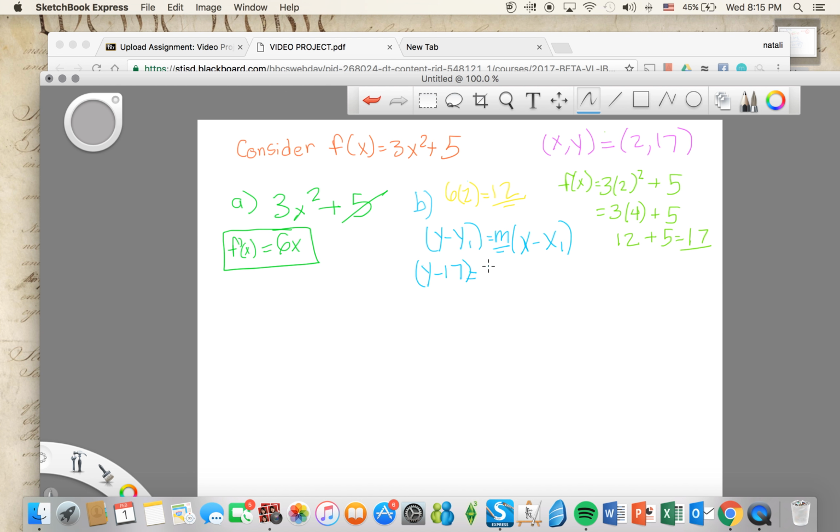So we know that it's 12 now. And that's a different color, but we know it's 12 now. So x minus x1, and our x1 was 2. We're going to go ahead and spread that out. So 12 times x is just 12x, minus 12 times 2 is 24, and then equals y minus 17.